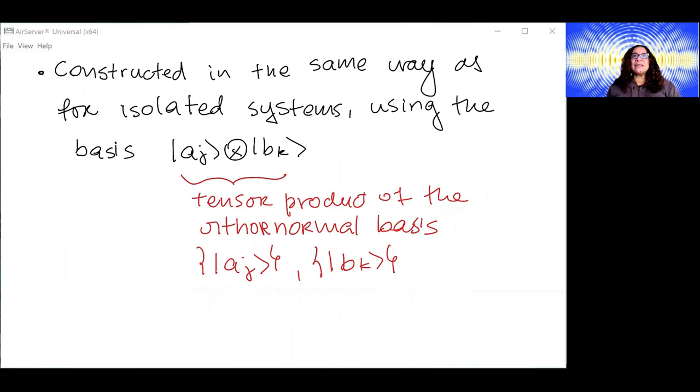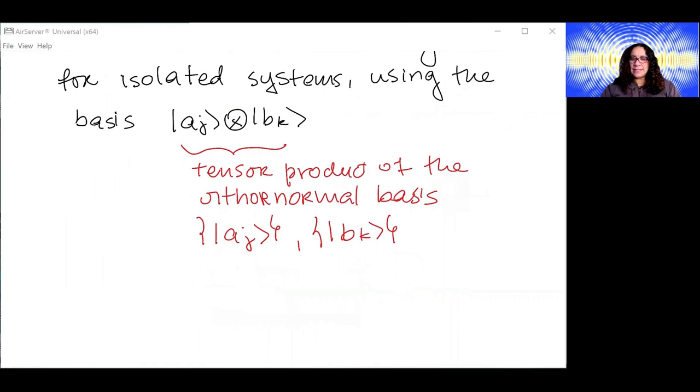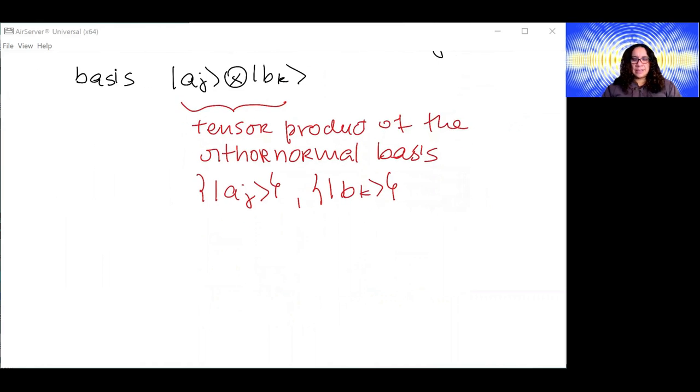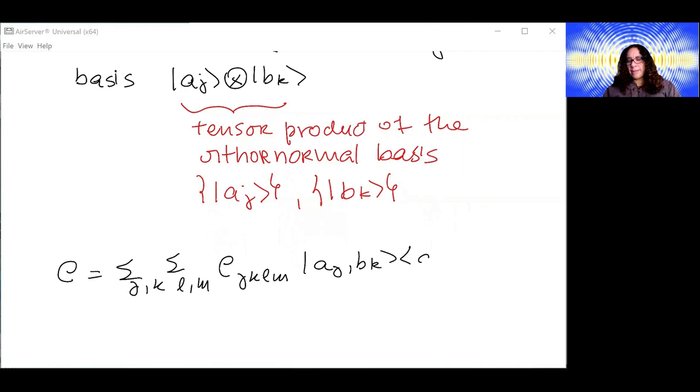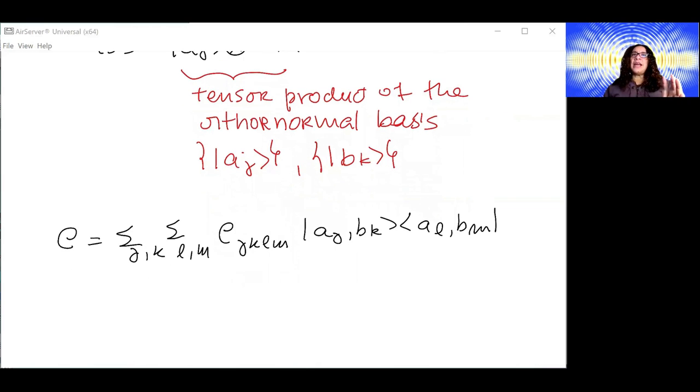This means if we say we construct this in the same way, we can write this as a whole sum of JK LM, whole JK LM. I'm going to write it like this because it's easier. AJ BK, AL BM. So this is writing the density operator matrix formulation, but considering now that we have a compound system.